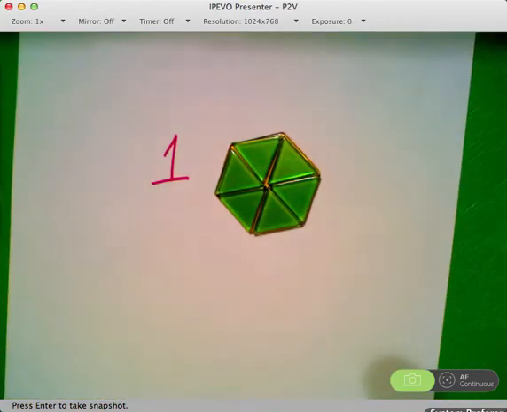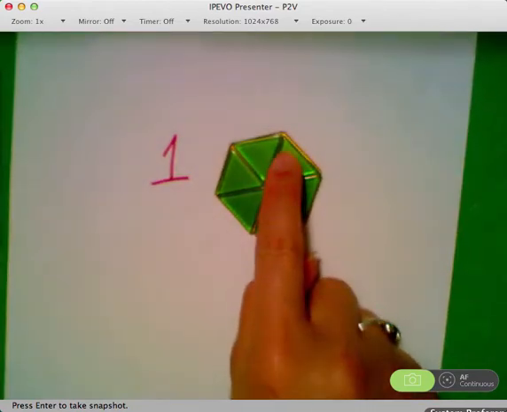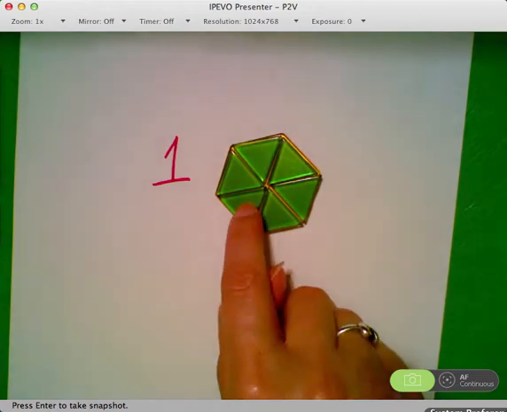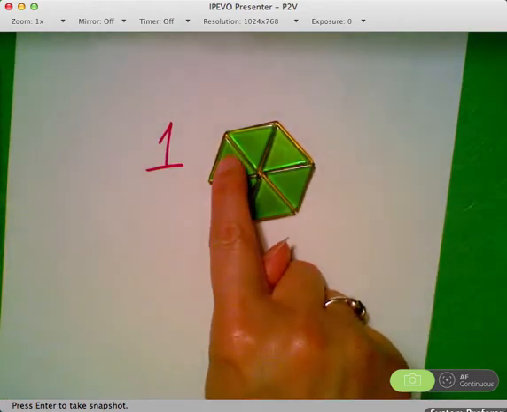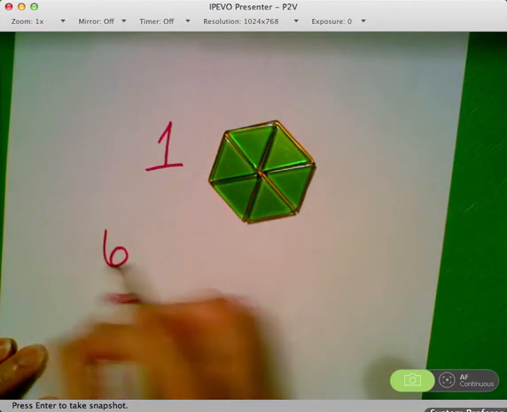Okay. So now our hexagon is separated into how many equal parts? 1, 2, 3, 4, 5, 6. We have 6 parts.